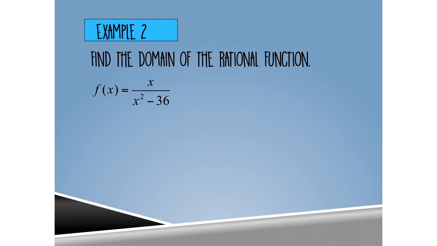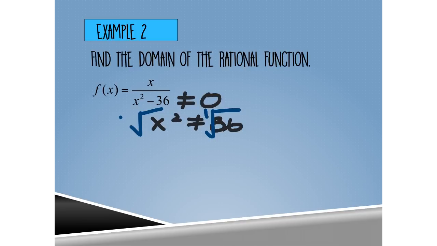Now, same set of instructions. Again, no square roots or anything like that. Go straight to my denominator. x squared minus 36 cannot equal 0. You can either add the 36 and then square root using the even root property, which means plus and minus, and I'd get x cannot equal plus or minus 6.